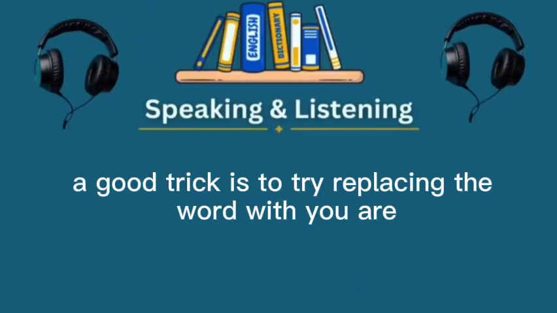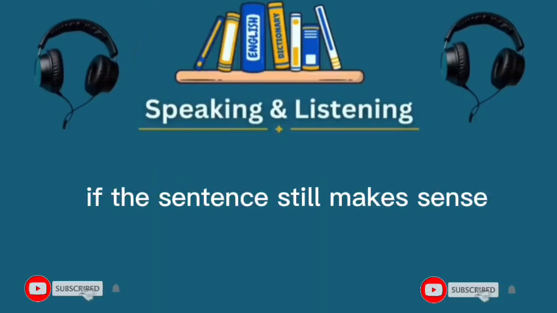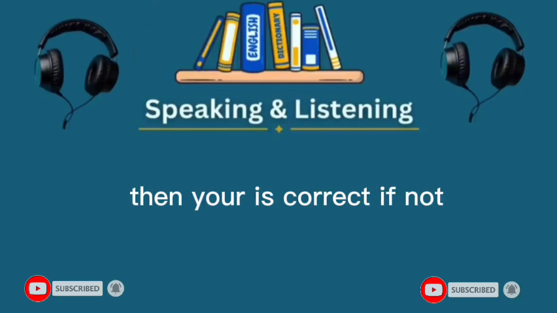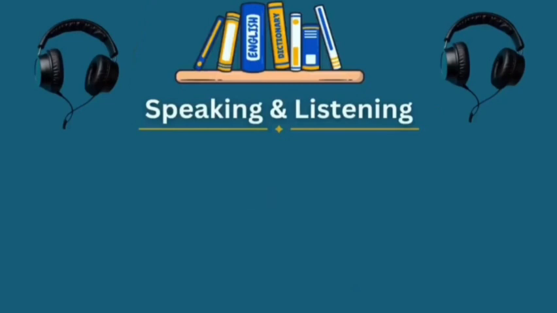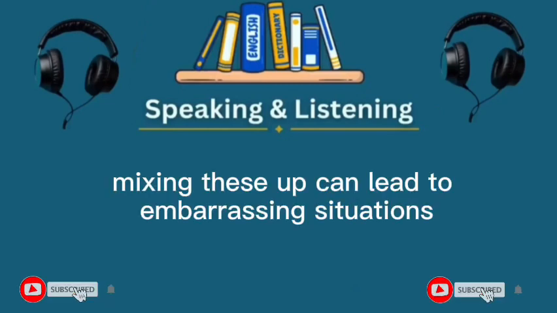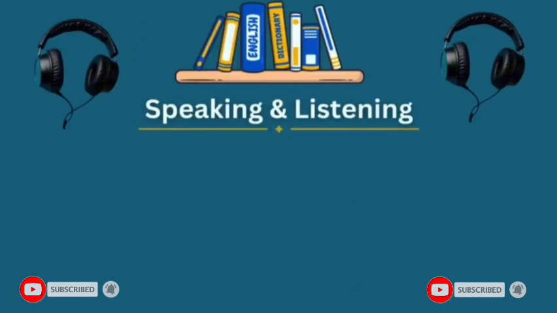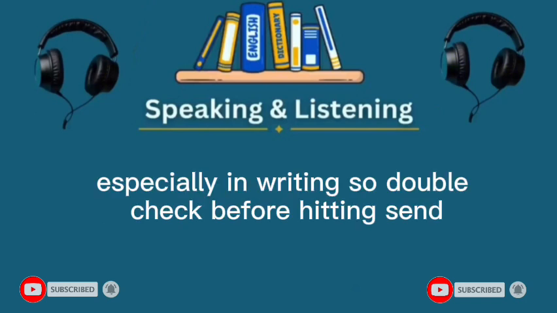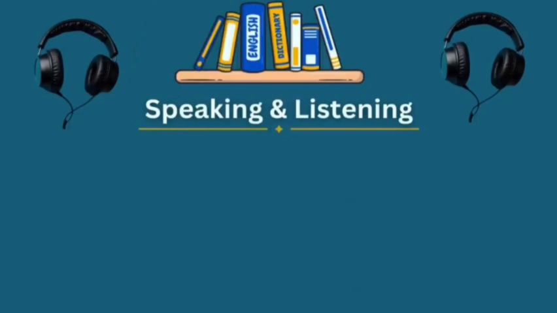A good trick is to try replacing the word with you are. If the sentence still makes sense, then you're is correct. If not, stick with your. Mixing these up can lead to embarrassing situations, especially in writing, so double check before hitting send.